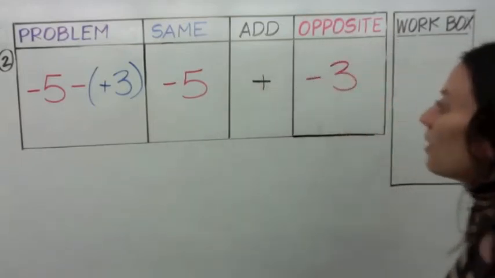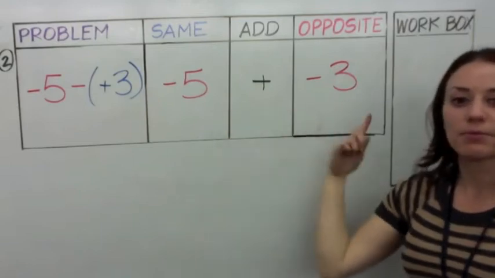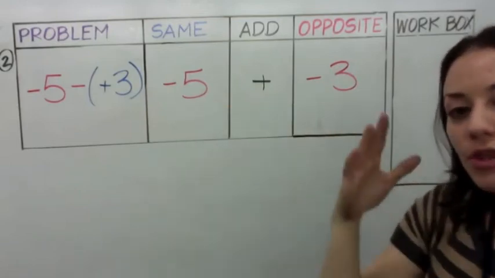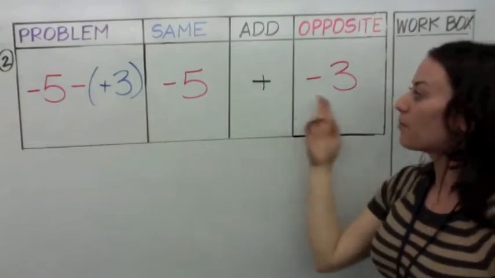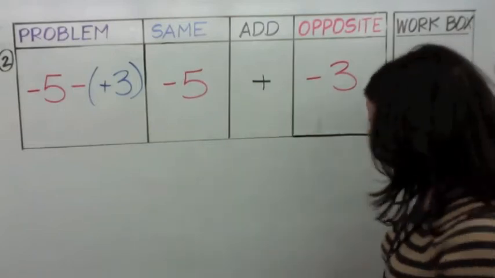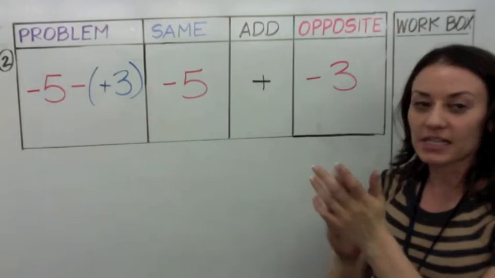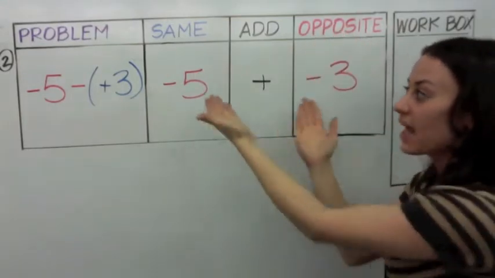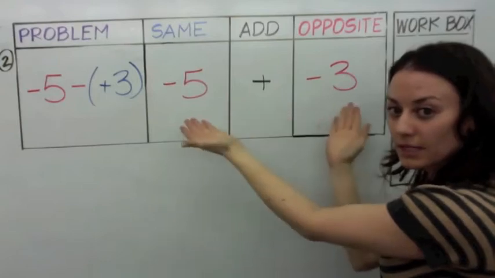Now, in our new problem, we have both negative numbers, right? That's a negative 5 plus a negative 3. Do they have the same signs? Are they both negative? Yes. So you sing. Same signs, add and keep the negative.